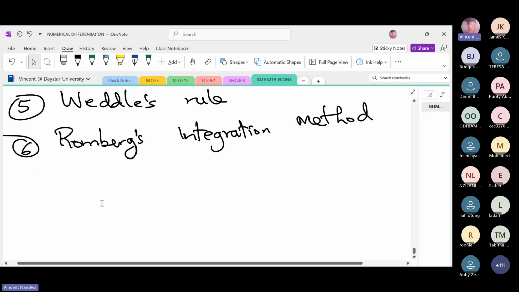So now let's give an example to illustrate how we can deal with the first 3 rules.